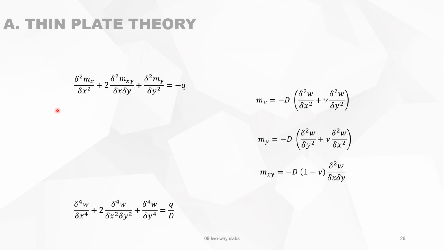Starting from this equation, we can now transform it by replacing the bending moment in the x direction, y direction, and the torsional bending moment by the second derivative of the displacement. If you substitute those values, then you arrive at the equation of Kirchhoff and Lagrange.